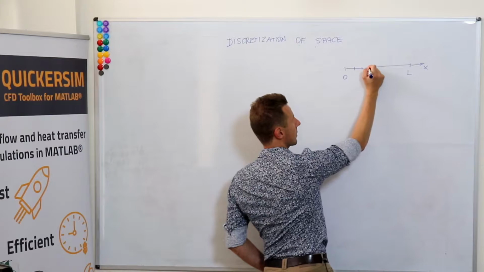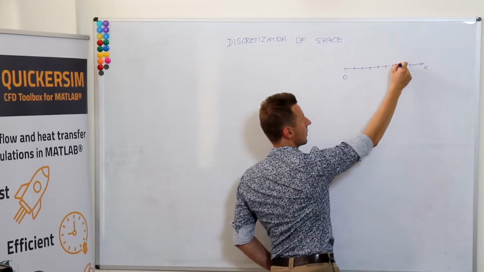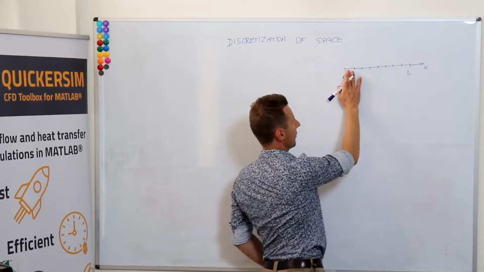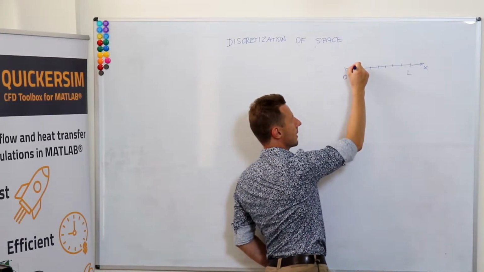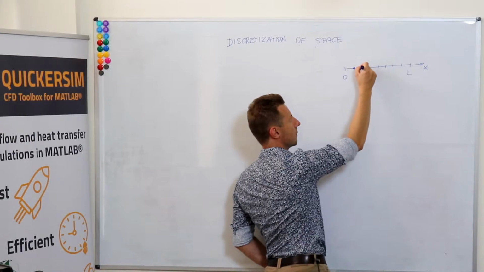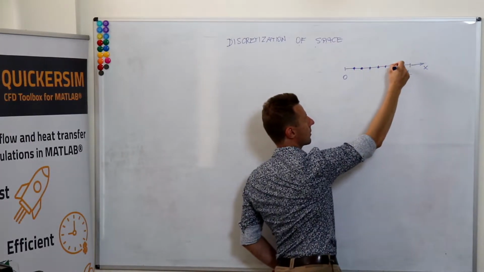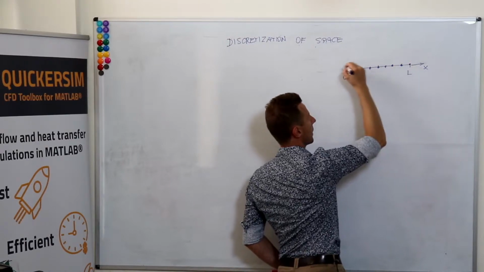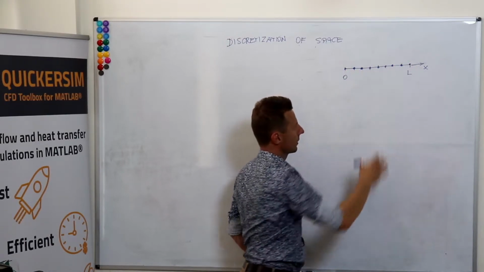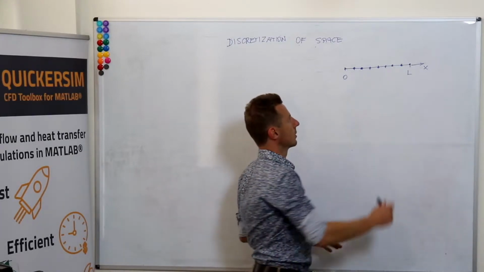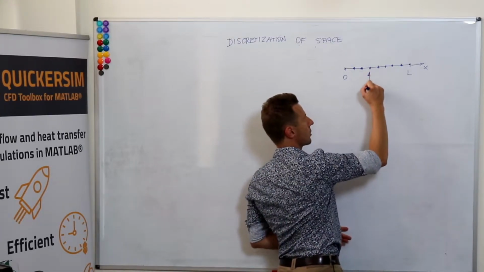So we are dividing it into a finite number of intervals. We will have the intervals and we will have some nodes. As you know, no surprise, we will be referring to something like that as a computational mesh, with the mesh nodes.